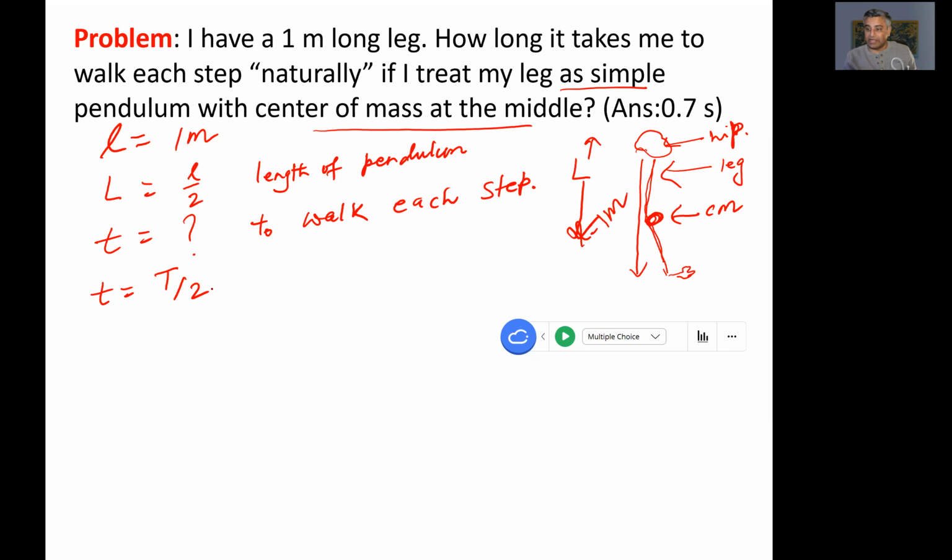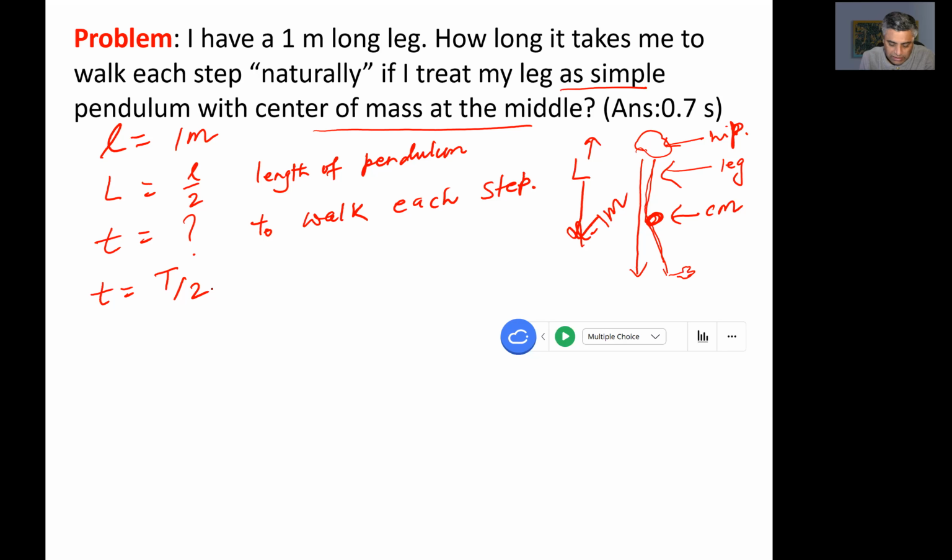Did I get that right? Do you want to try walking and see? One period means if you start from here, it has to come back to the same place. That's one period. But in one walk, I think one step means just going there, I think. Yeah, half of the period.